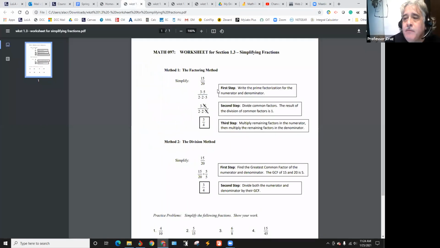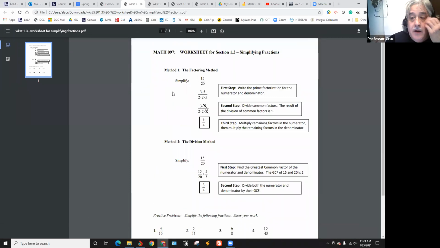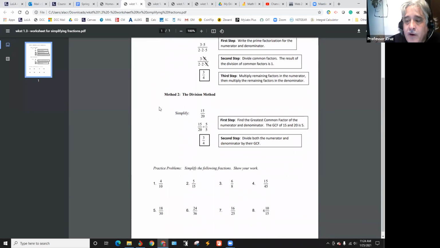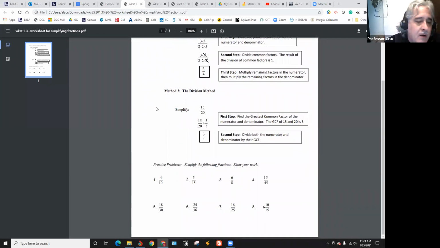Remember, 1.2 was the one where it's just asking about definitions mainly, about the number structure. 1.3 is fairly simple. It's just a matter of taking fractions and whittling them down till they're simplified, meaning that they're simplified when there's no longer a common factor.